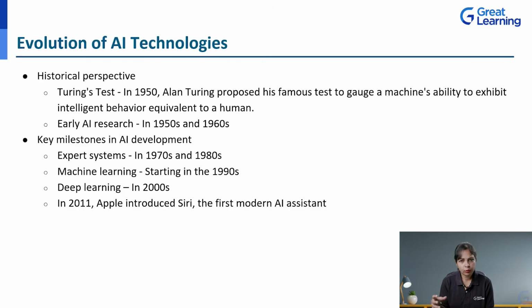There were certain sets of rules which had to be fed into those computers, even in these expert systems. They were utilized in certain domains, although the domains were very narrow at that time, like financial systems and medical systems, but on a very small scale. The major turnaround came in 1990 when the concept of machine learning was utilized.